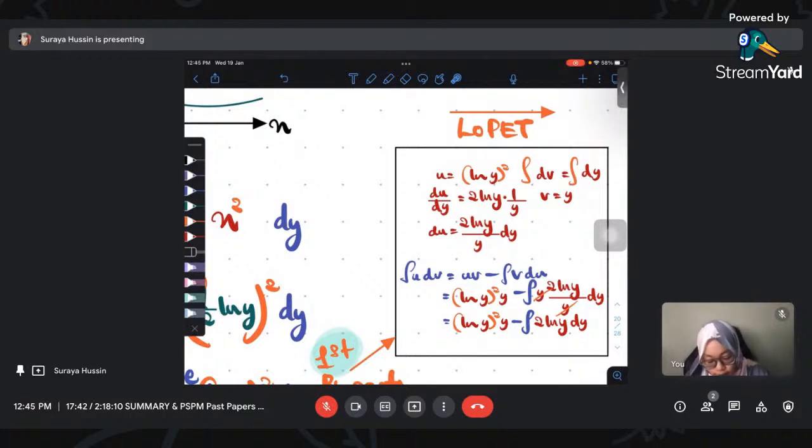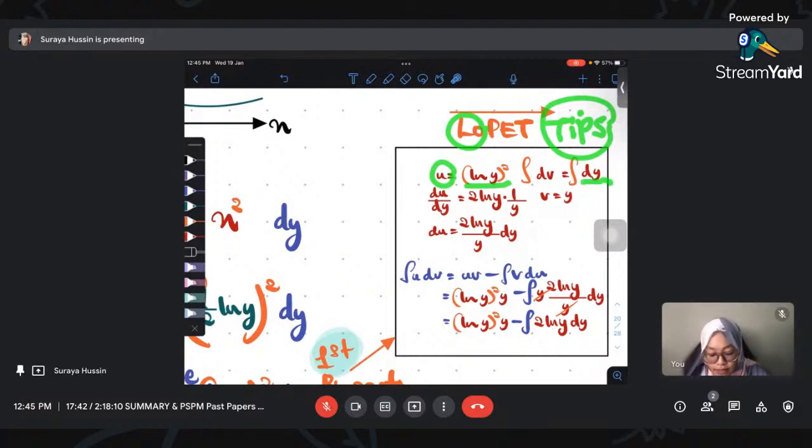And so, apa lagi saya nak cakap? So you dah tahu your lopat ni. Lopat ni macam nak bagi tips senang ingat je. Okay. So you dah tahu your u is supposed to be ln. So the rest of it is dy. You tahulah kan benda ni.